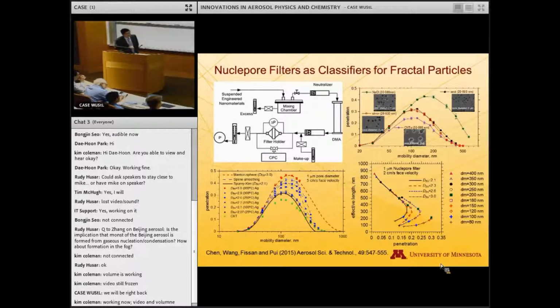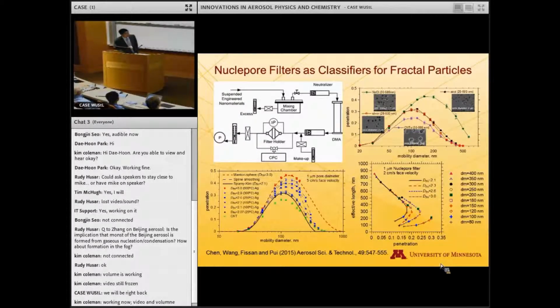Next, we pass particles of known fractal dimensions through a 1 micron pore diameter nuclear pore filter at a 5 centimeter per second face velocity. We can measure the penetration as a function of the mobility diameter, and you can see that from a sphere, fractal dimension 3, to 2.9, 2.6, and down to 2.1, and then the green one is the carbon nanotubes.